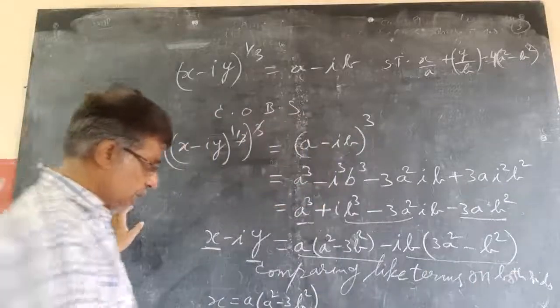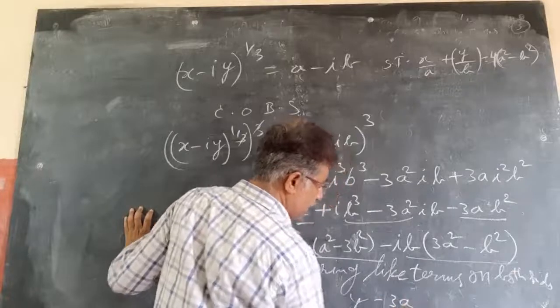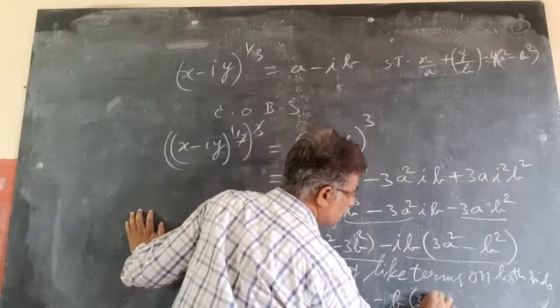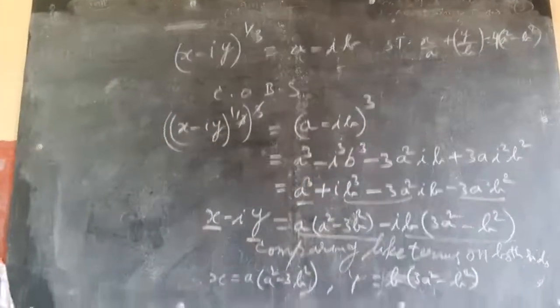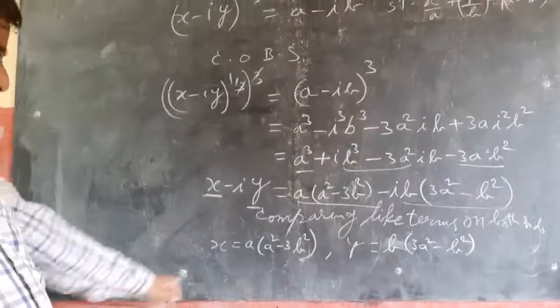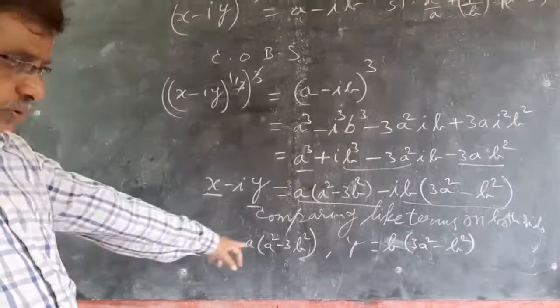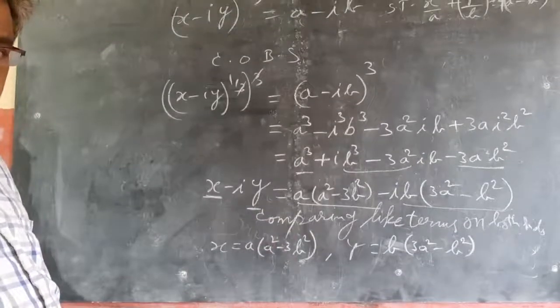Imaginary part is y = b(3a² - b²). So x = a(a² - 3b²) and y = b(3a² - b²).